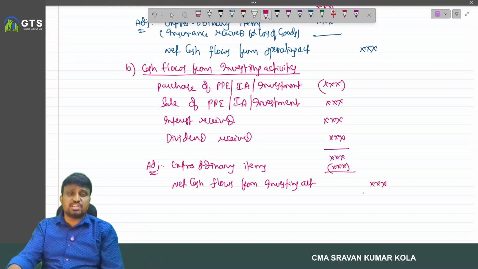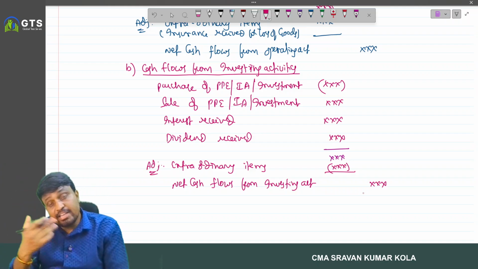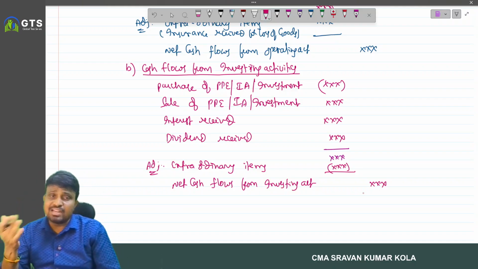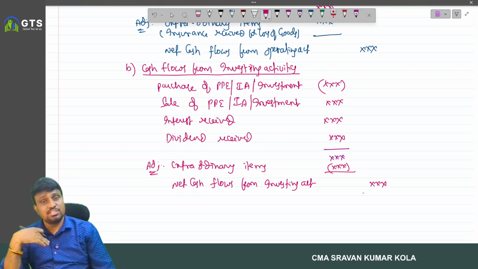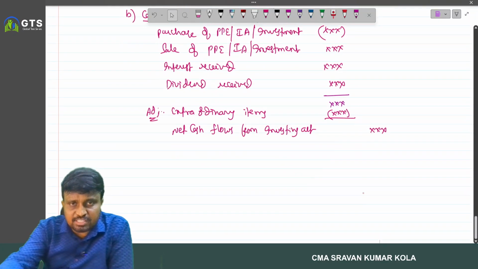Even any loans given to outsiders, loans given to a subsidiary company, investment in a subsidiary company, and grants received for purchase of plant and machinery or any intangible assets are all covered under investing activity. We have to consider them here.